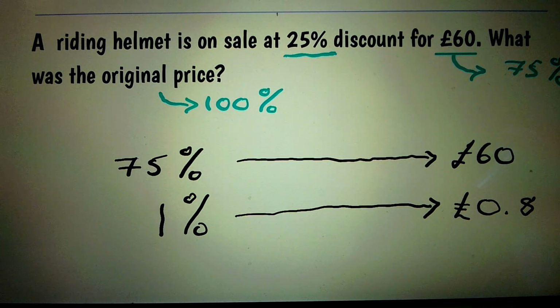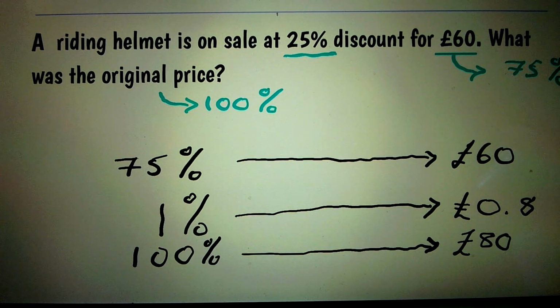You could write it as 80 pence, but that makes life a little bit more difficult in the next stage. So when we work out 100%, because we left this as a decimal, it made life easier, it's £80. And that is how to use the unitary method.